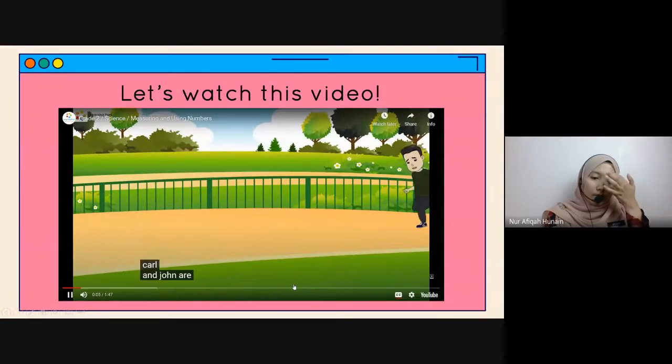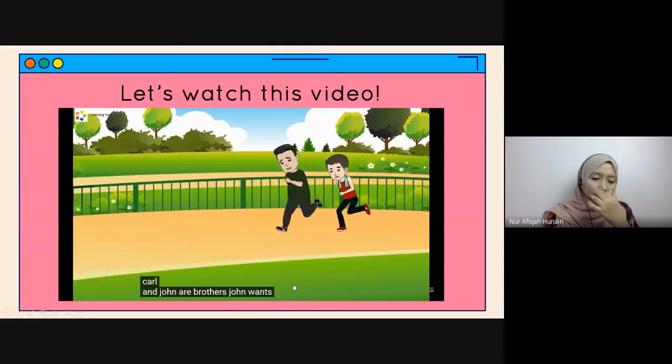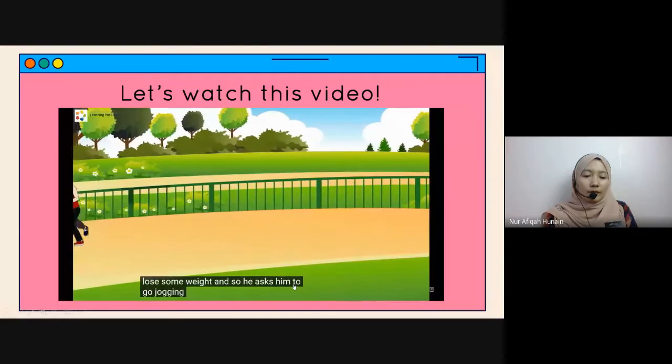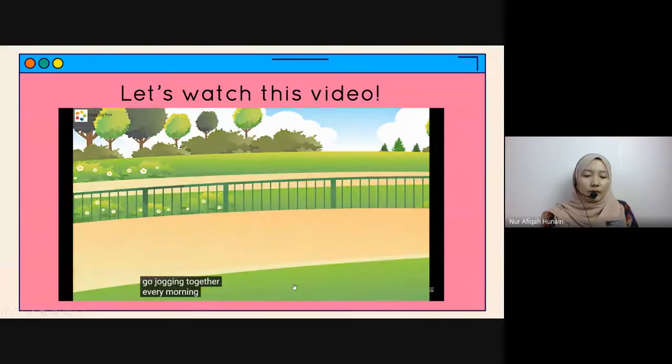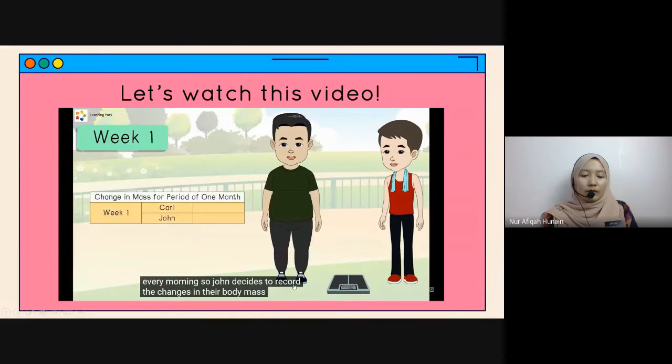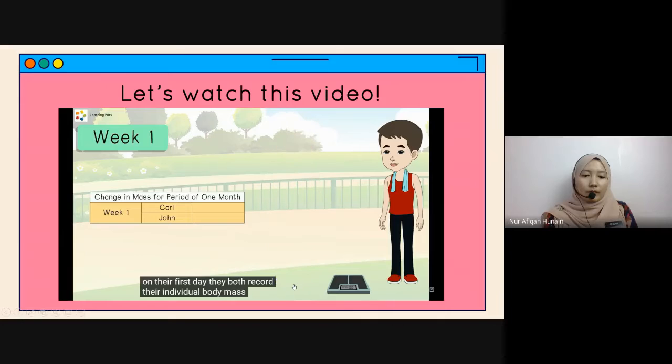Carl and John are brothers. John wants to help Carl lose some weight, so he asks him to go jogging together every morning. John decides to record the changes in their body mass per week for the period of 1 month. On their first day, they both record their individual body mass.